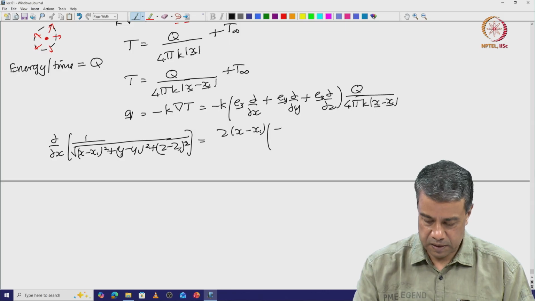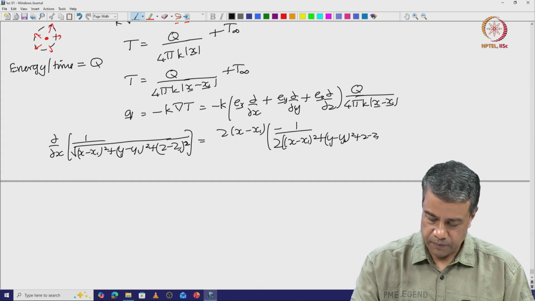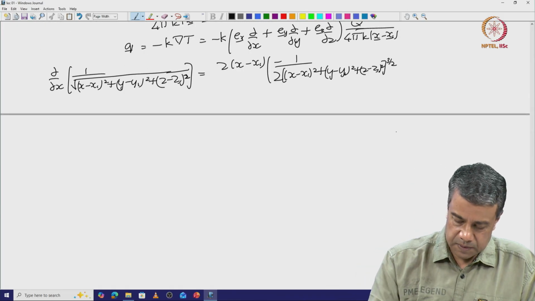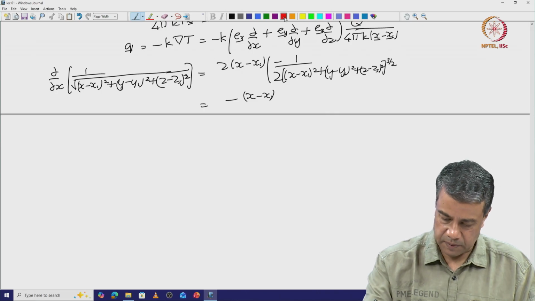So, minus 1 by 2 into x minus x1 squared the whole power 3 by 2.